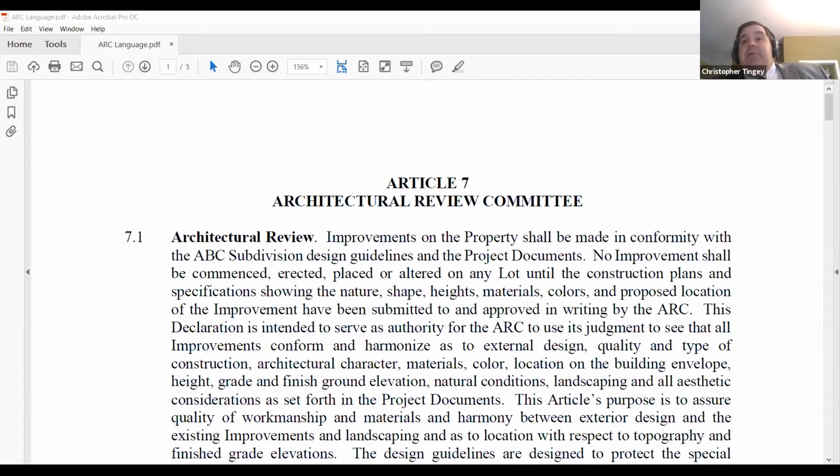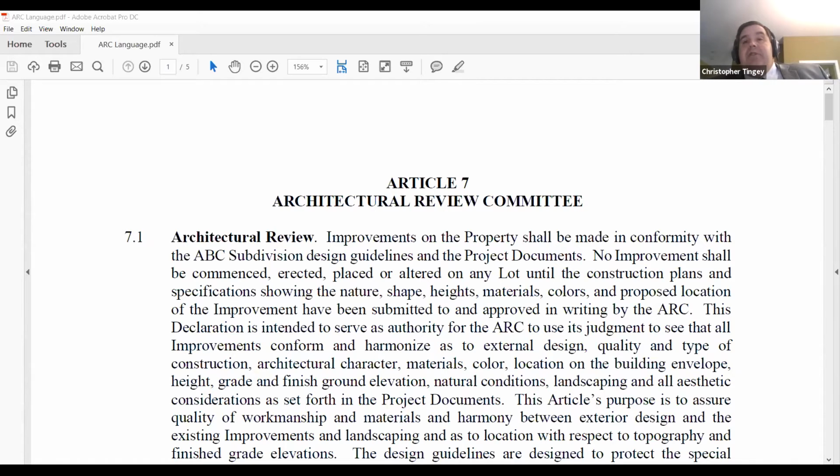The reason I like this provision is it gives the board, if it's acting as the ARC, or the ARC as a standalone, great discretion and great wiggle room for dealing with each application on an individual basis.